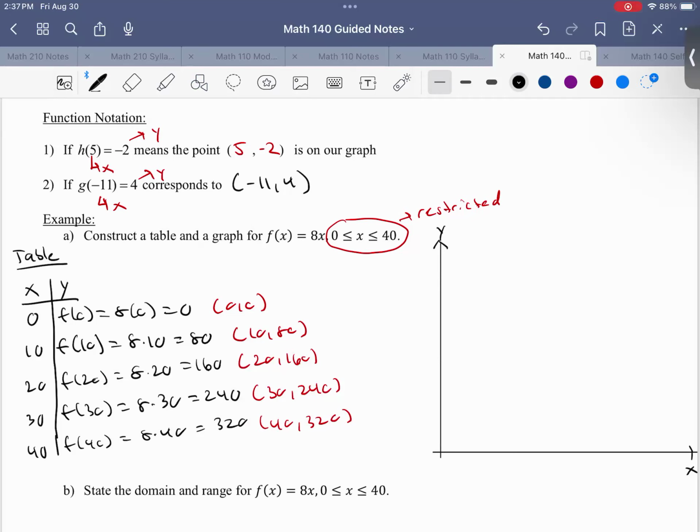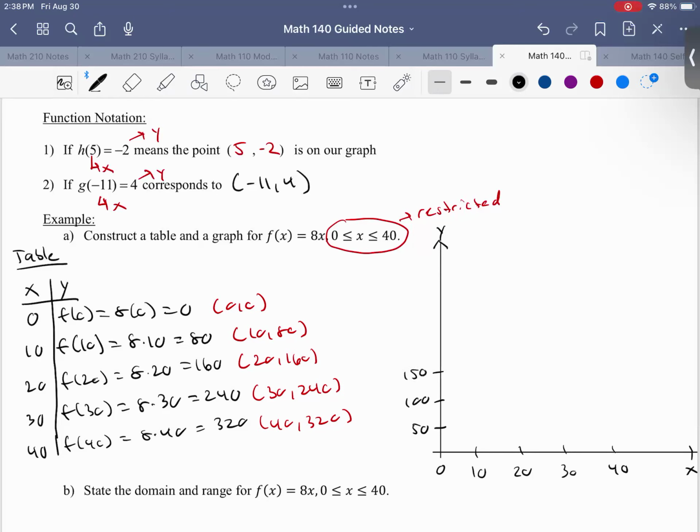Our x values, our inputs, we went by 10, so I'm going to go 10, 20, 30, and 40. Our y values are 0, 80, 160, 240, 320. Since it's going up to 320, we can go by 50s. I think that would be easier to do.